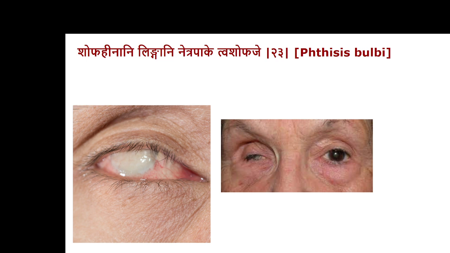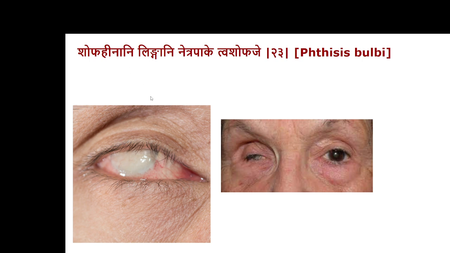Then, Shofahina Lingani Netrapaka or Ashophaja Netrapaka, that's the later complication, as I said, one of the major endings or terminations of panophthalmitis. Panophthalmitis is either treated by surgical treatment, where the whole eyeball may be removed or at times it could be a drainage, or even otherwise if it is recovering, the patient will have fibrosis and the whole eyeball will be shrunken and non-functional, it will lose the function, and that's what we call phthisis bulbi, where the whole eyeball will be shrunken.